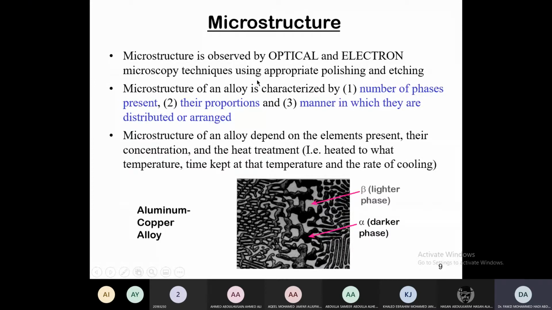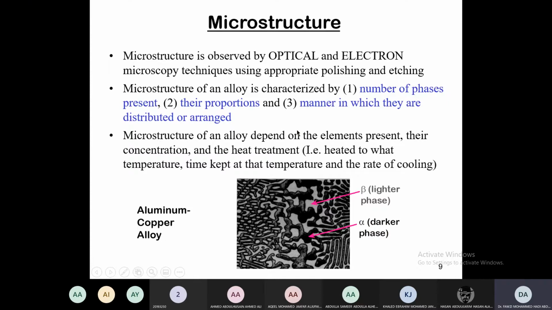We said the microstructure affects the characteristics or properties of the material through the number of phases present, their properties, their proportions, their composition, and the manner by which they are arranged.